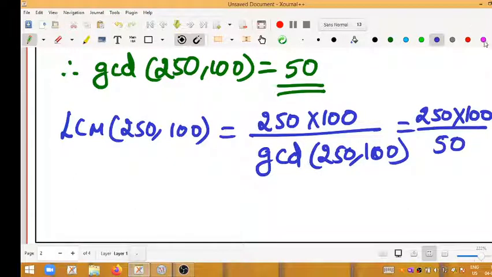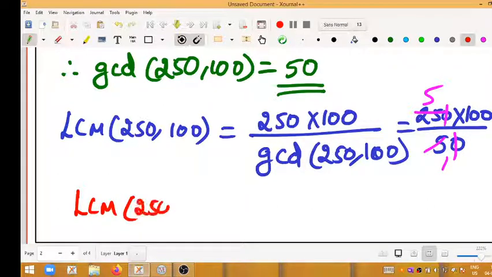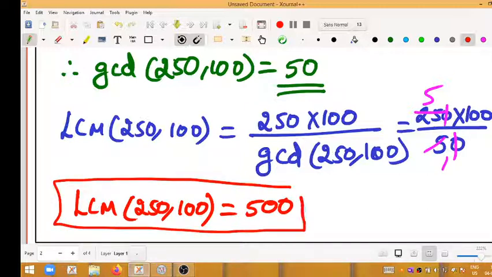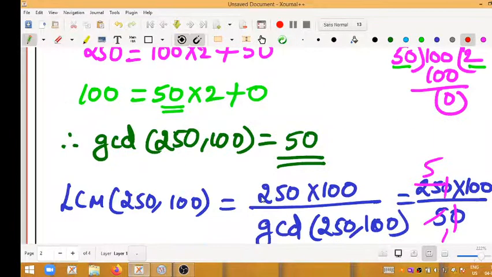See here, the zeros cancel, 5 ones are 5, 5 fives are 25. So 100 fives are 500. So LCM of 250 comma 100 is equal to 500. Like this way we want to find the LCM of two given integers.